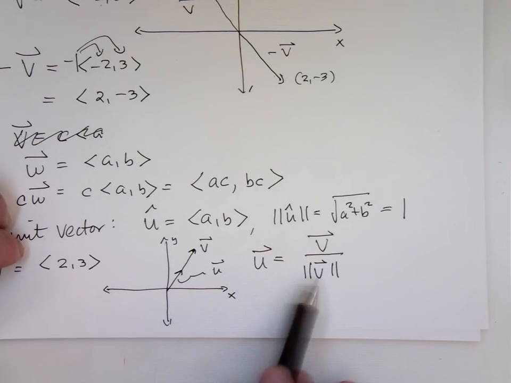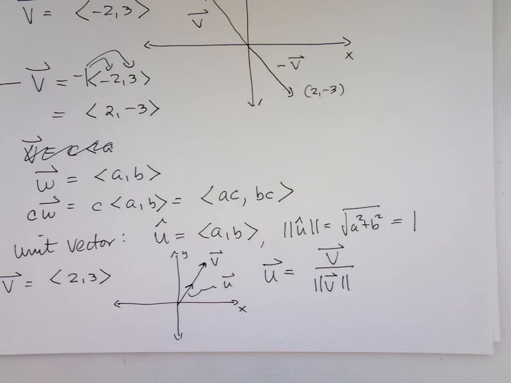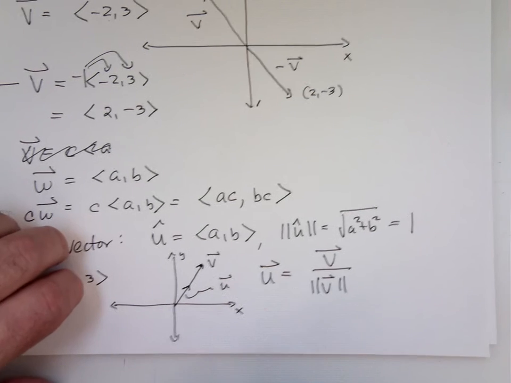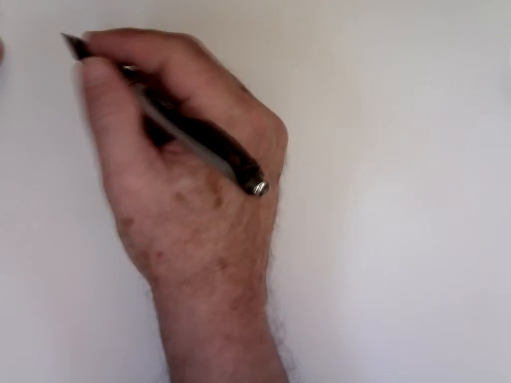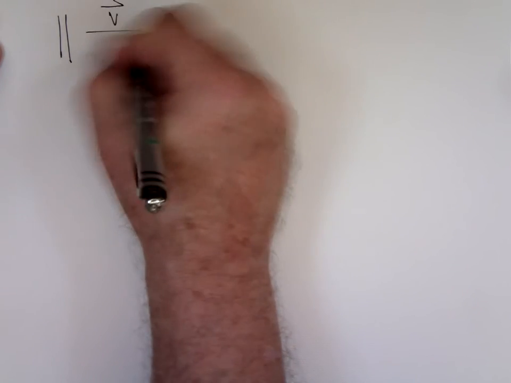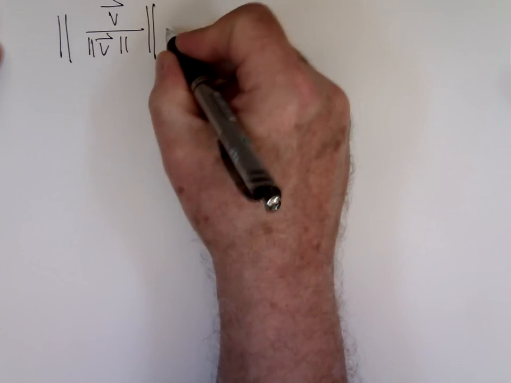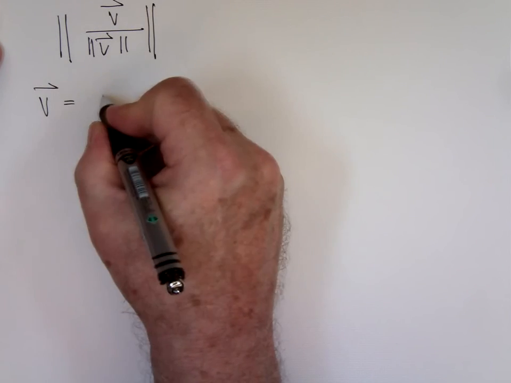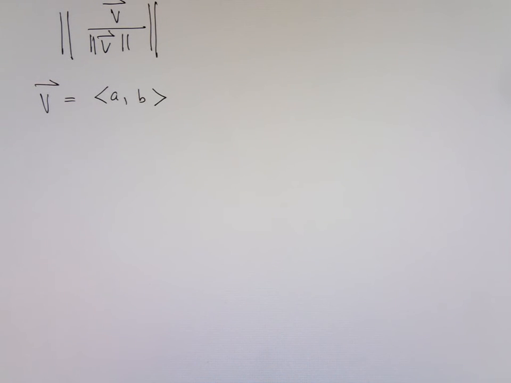Let's take a look at that. I said I'd do it, so I'm going to do it now. Let's take this and find the magnitude of vector v divided by its magnitude, where v, let's do it in general, is (a, b). So you've got some vector v, and I just told you to find the vector in the direction of v having unit length.